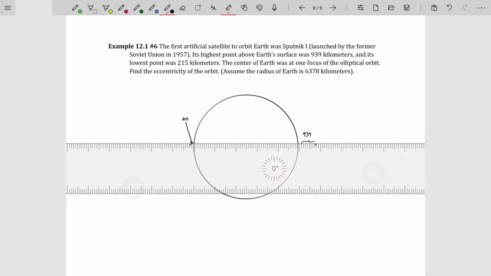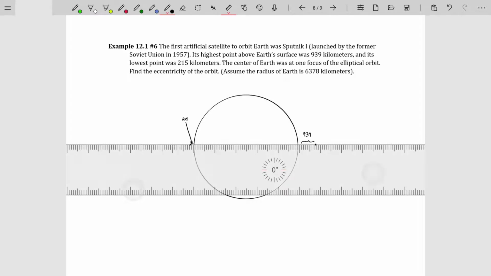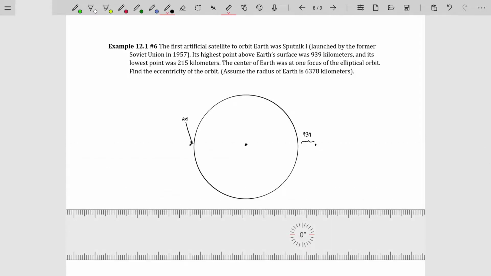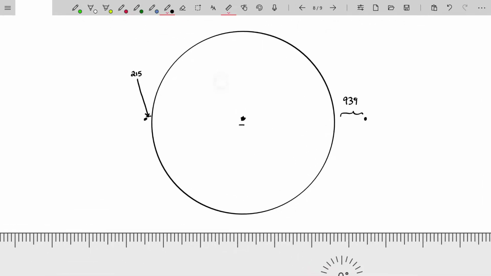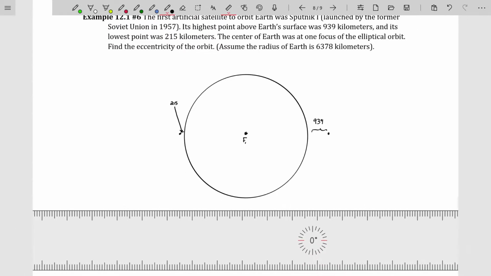So let's find the center of the Earth here. That looks to be right about here. That ends up not being the center of the elliptical orbit. That is one of the foci of the elliptical orbit. And so the elliptical orbit probably looks something like the following.